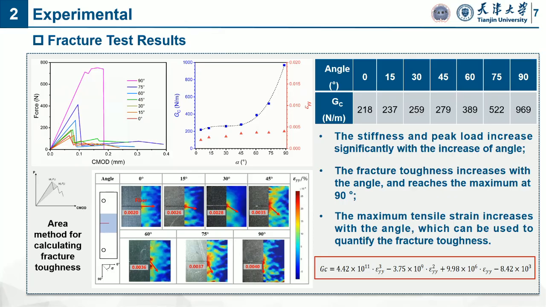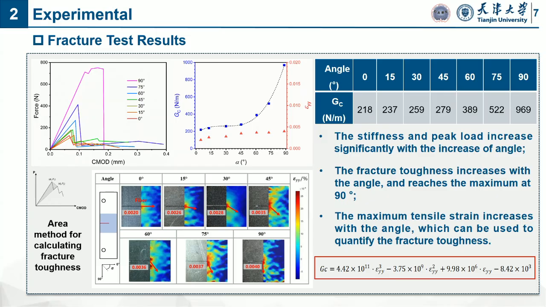We measure the critical energy release rate, GC, which differs with crack orientation and increases with angle.